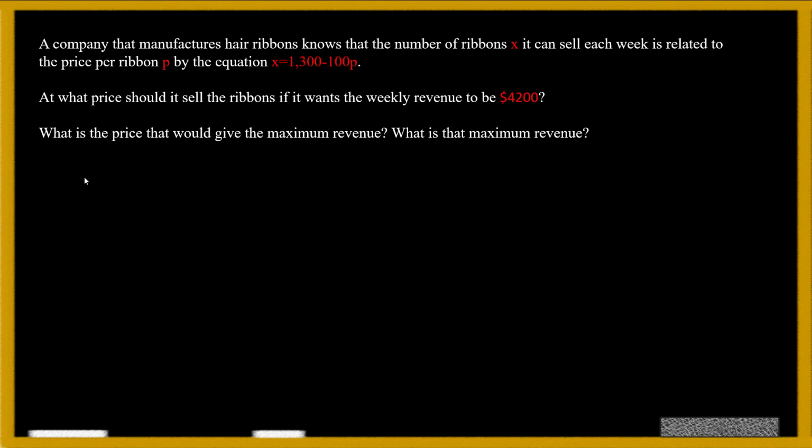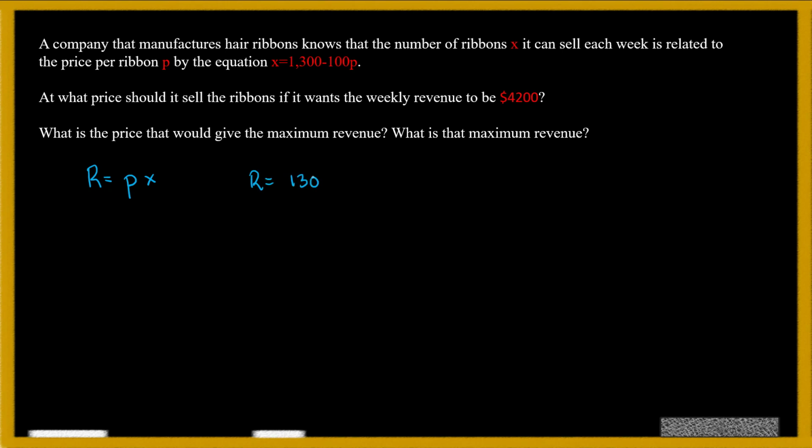So first we have to start with the idea that we have the revenue equation. Revenue is equal to the price times X, the number of items. So what we're going to do is take what we have up here. We have that the number of items X is represented by 1300 minus 100P.